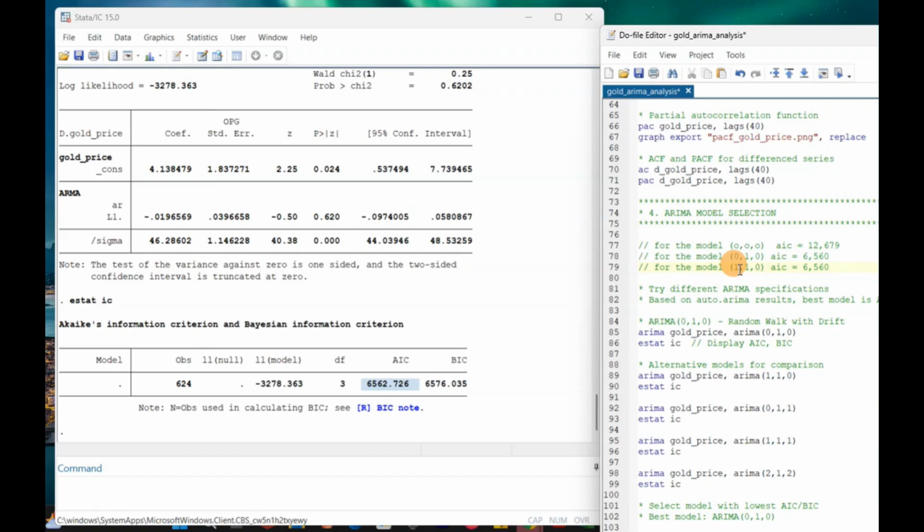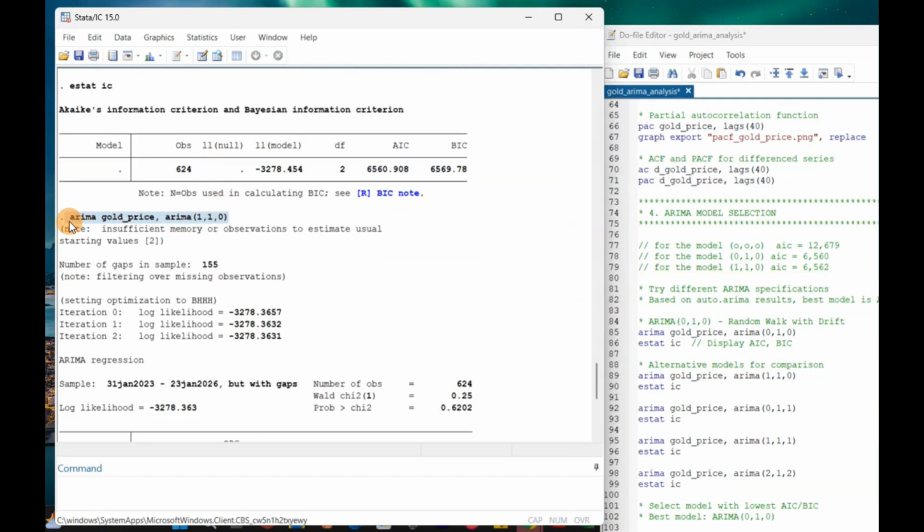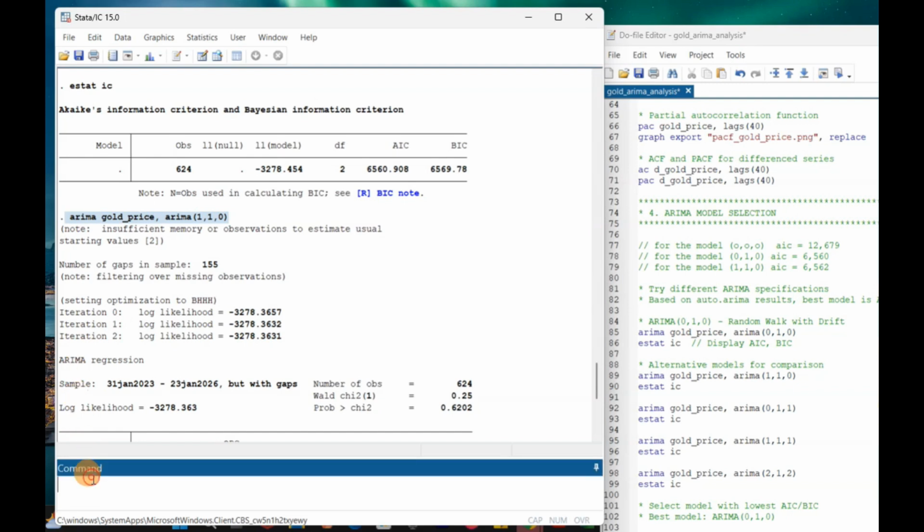Who can let me know what 1, 1 stands for? It means I have one lag for the autoregressive, one lag for the moving average, and I'm still integrating with the other one. So it means I'm looking at my gold price of yesterday and my stochastic error of yesterday, and also taking a difference of my gold price to influence today's gold price.